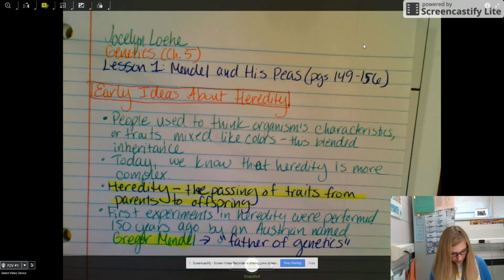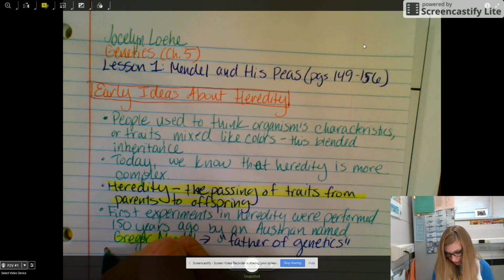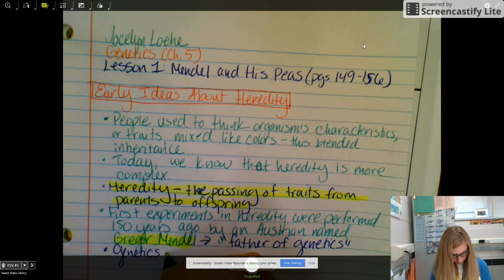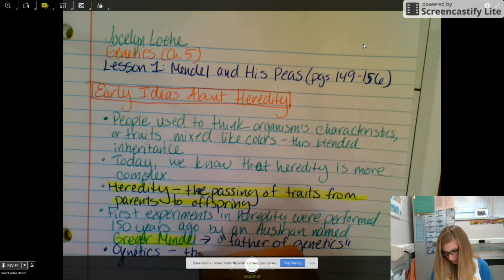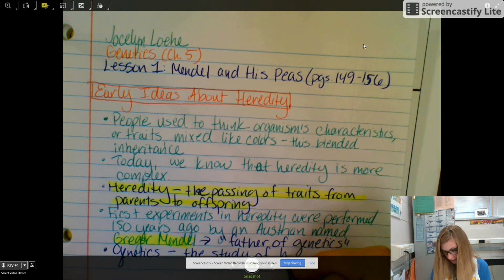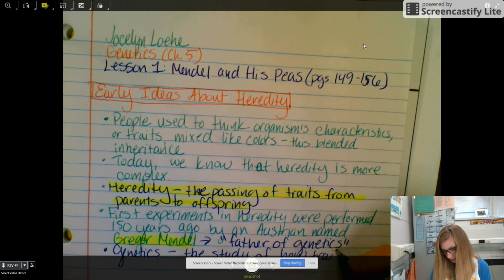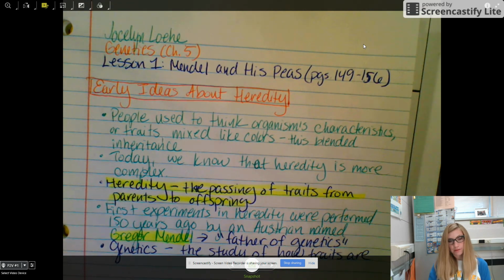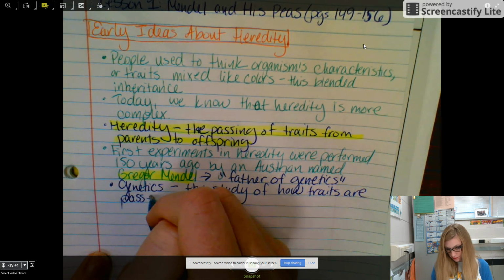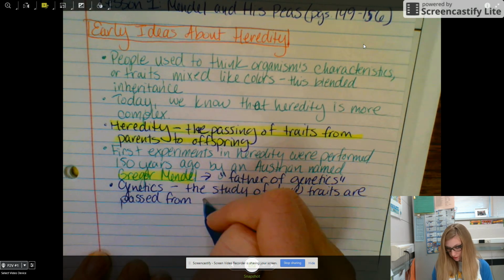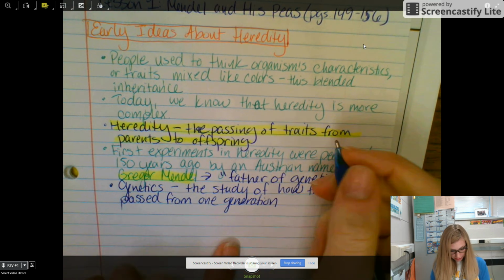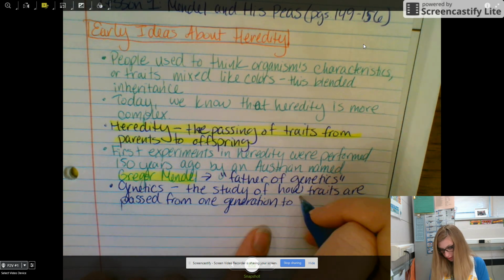And since genetics is a definition, I'm going to write genetics, the study of how traits are passed from one generation to the next.